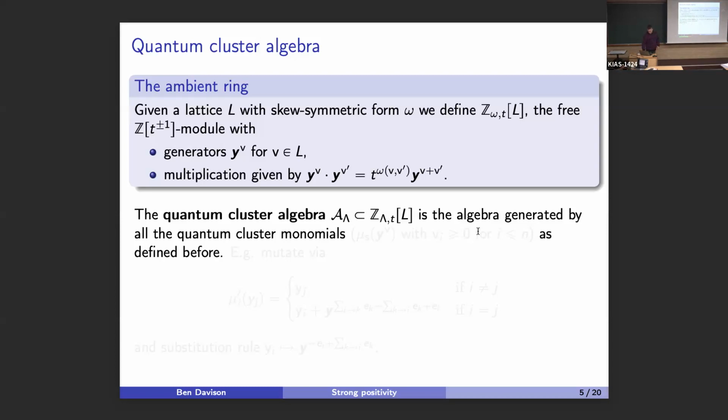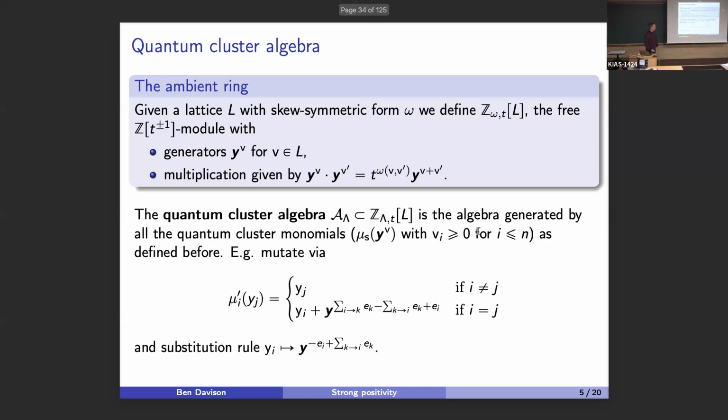So here are the rules for membership. Firstly, we put in all of the original generators from before, the y's, the e_i's, the obvious generators of this Laurent polynomial ring, but also all iterative mutations. So for any sequence of vertices, I can mutate via precisely the same rule as before. It's just happening in this ring instead of the usual Laurent polynomial ring.